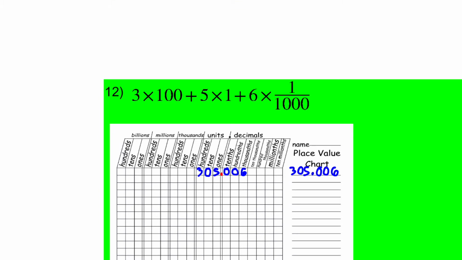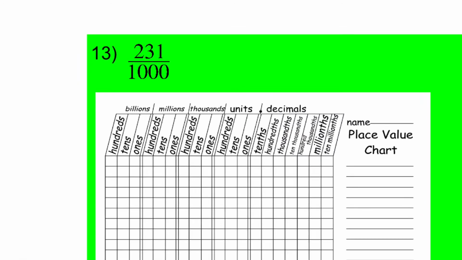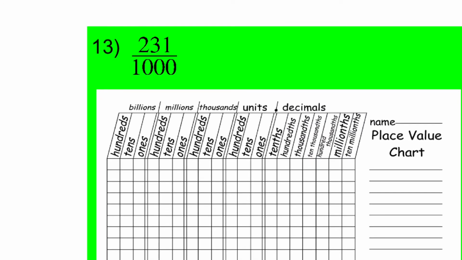Let's look at another one. Now, what we started to do here is we started to just take the fraction form of the number and write it in standard form. So 231 thousandths. Well, the 3 zeros, thousandths, indicates we're going to have a decimal up to the thousandths spot. So we're going to have 3 decimal spots.